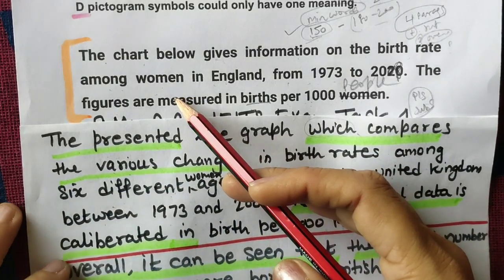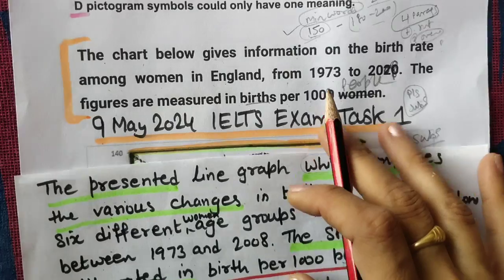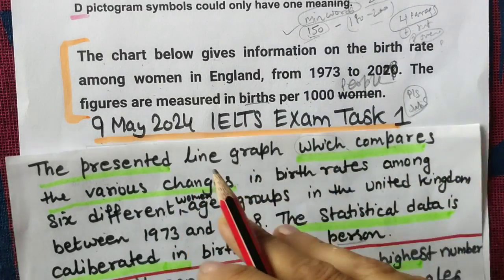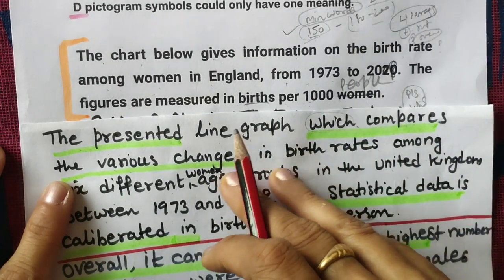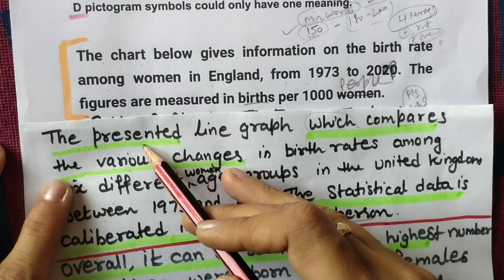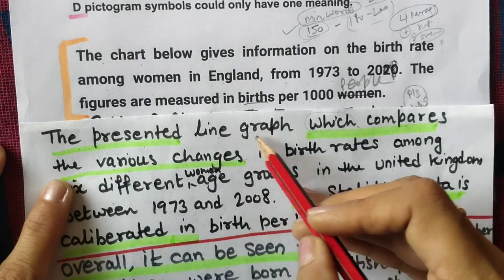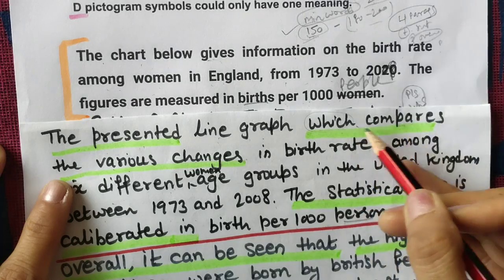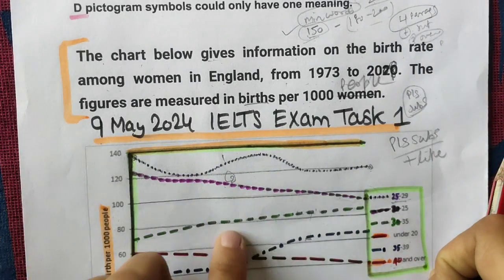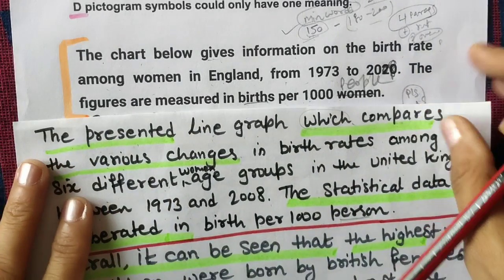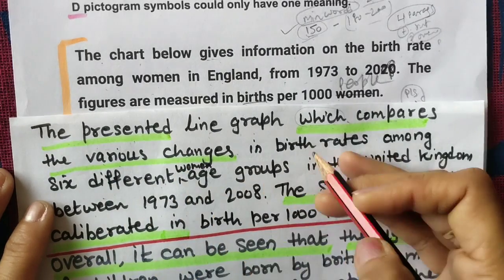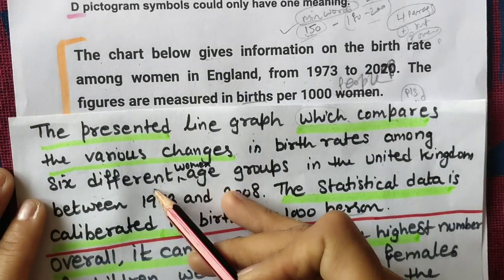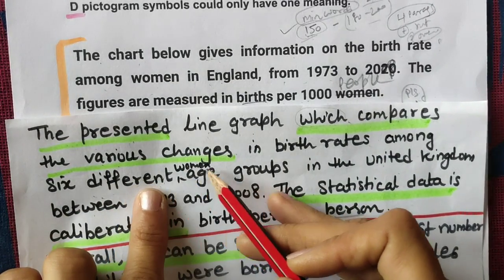You know it is a line graph, and the examiner wants to know whether you know it or not. So we have added one thing here: the presented line graph which compares, instead of 'which shows', because after all we know it is all comparison in writing task 1, which compares the various changes in birth rates among 6 different categories, in 6 different women's age groups.